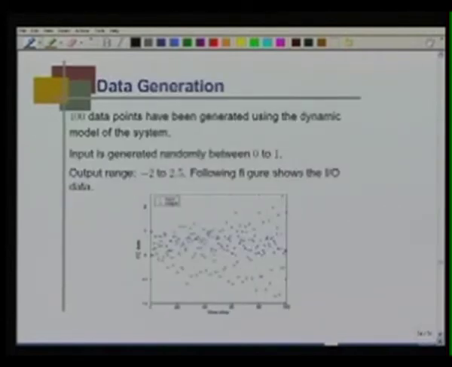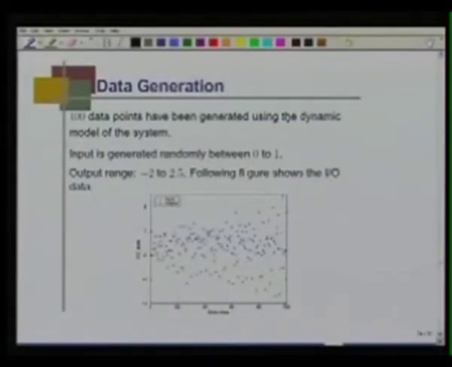So, after we found the update rule, now we will generate data. What we did is that we generated 100 data points using the dynamic model. ut was a random number between 0 to 1. So, you can easily see all these blue are the input and correspondingly the output was from minus 2 to 2.5.